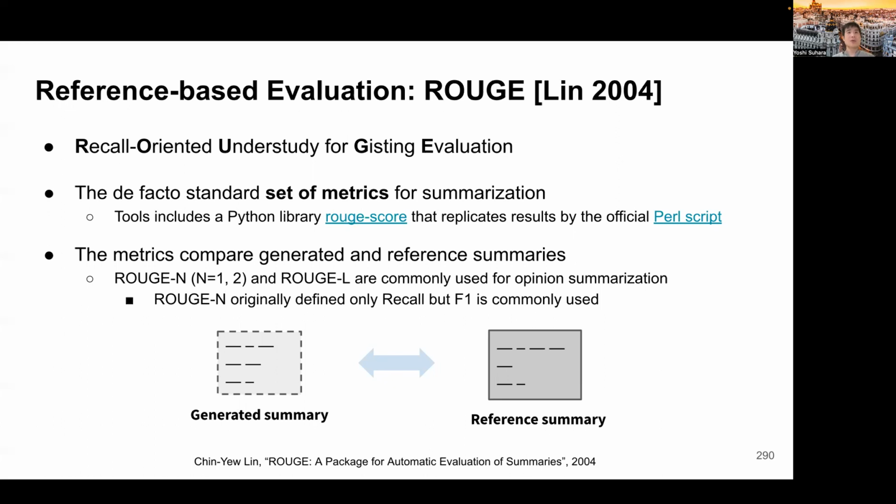ROUGE stands for Recall-Oriented Understudy for Gisting Evaluation. ROUGE-N originally defined only recall, but F1 values are commonly used for opinion summarization. Let us share concrete examples to explain how to calculate those metrics.